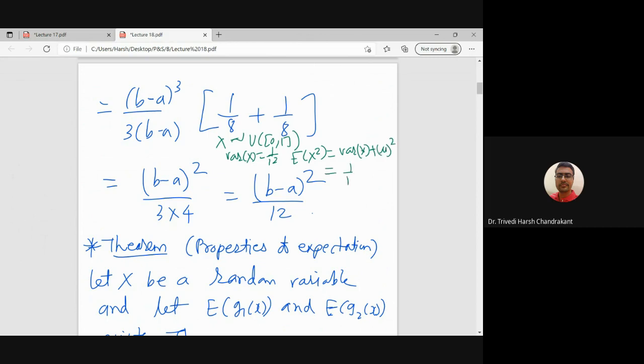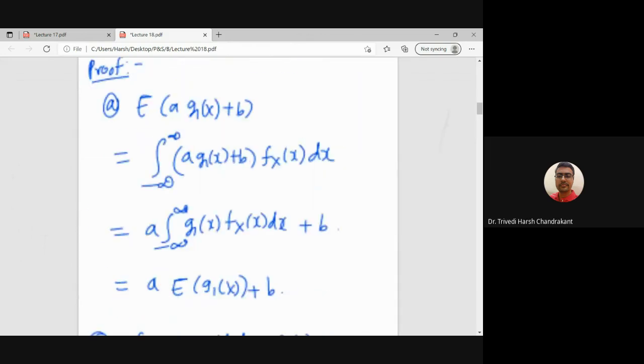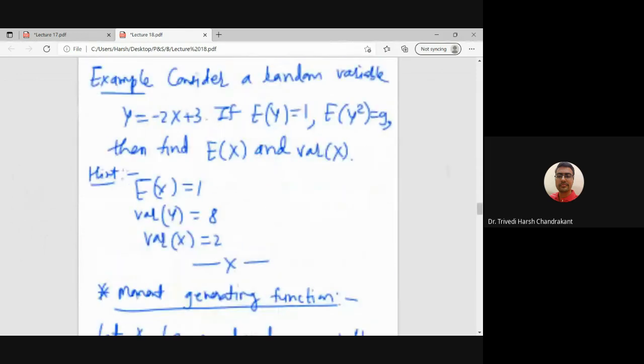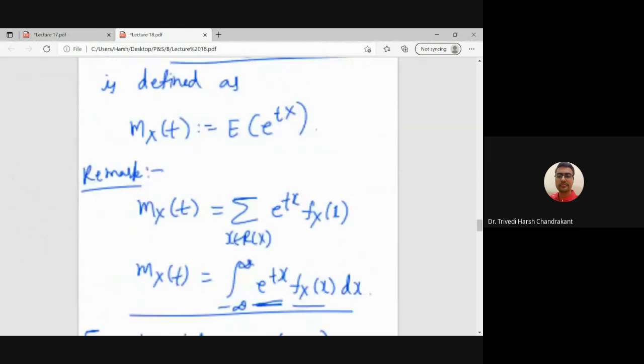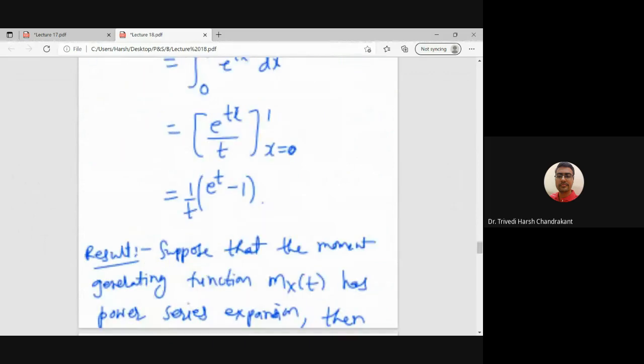So the variance is 1 by 12 plus the mean, half, square. So that is 1 by 12 plus 1 by 4. So how much will this be? 1 by 3, right? So that is 1 by 3. You see that it also equals the expectation we are getting here.